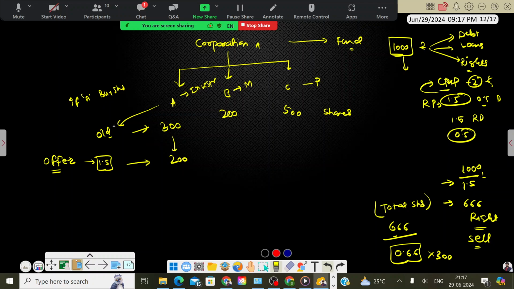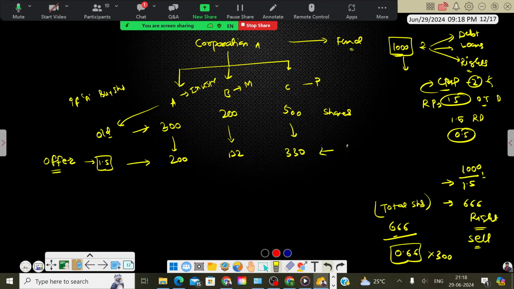All right, so let's say this person, if you calculate again, 200 into 0.66, which is 130 shares, will receive this. And the promoter, 500 into 0.66, will receive 330 rights.